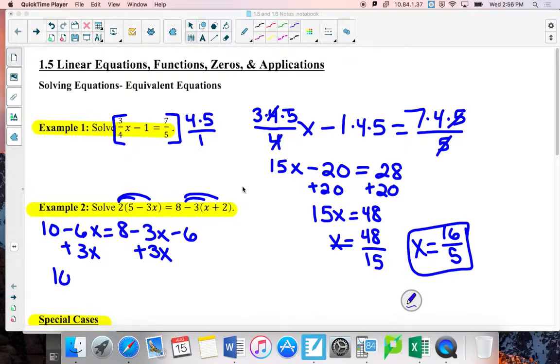So I have 10 minus 3x equals, I can combine the 8 and the negative 6 to give me a positive 2. Then let's go ahead and subtract 10 from both sides. So negative 3x equals negative 8. Divide both sides by negative 3. x would be positive 8/3.